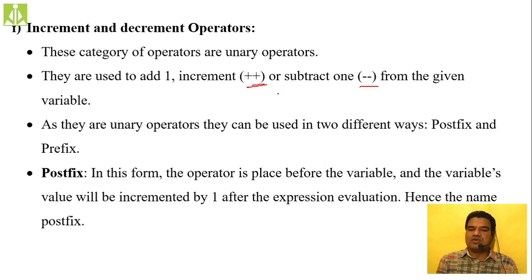Suppose you are using plus plus and minus minus, the increment operator and decrement operator, with any operand. Then the operand's value will be incremented by 1. And if you use the decrement operator with any variable, then that operand's value will be decremented by 1.